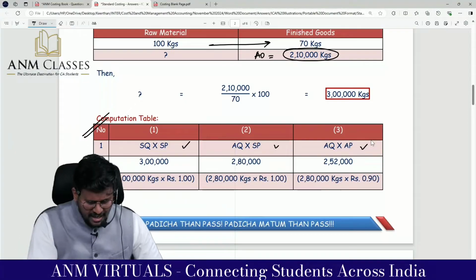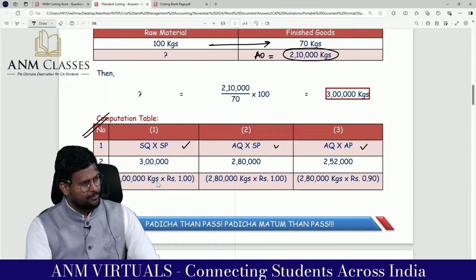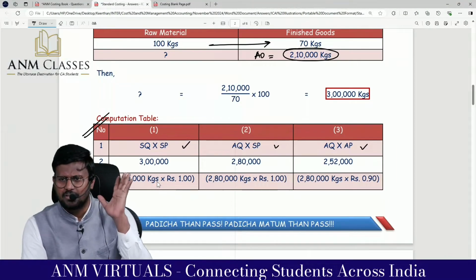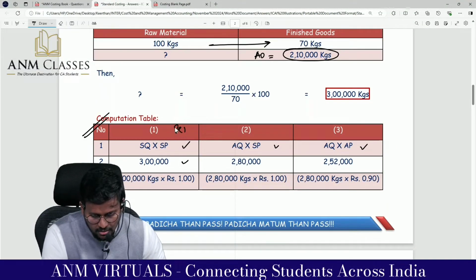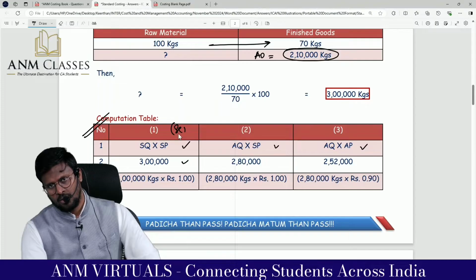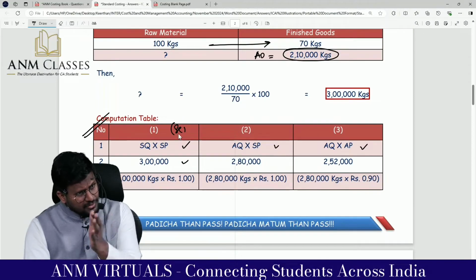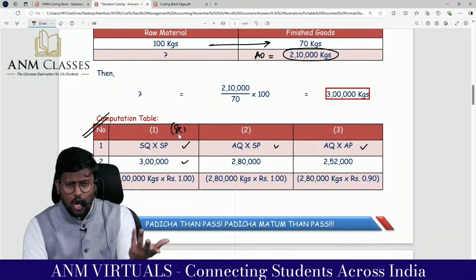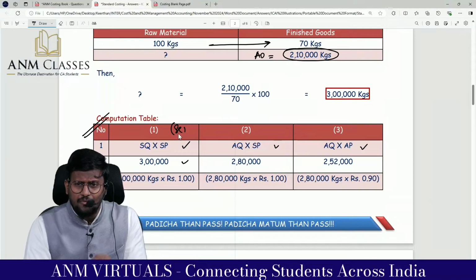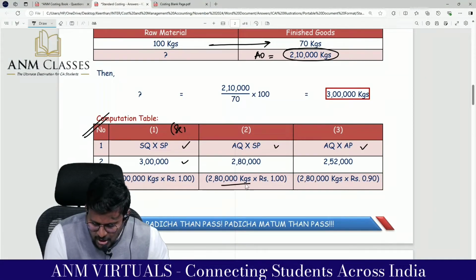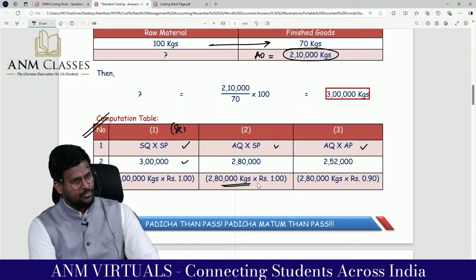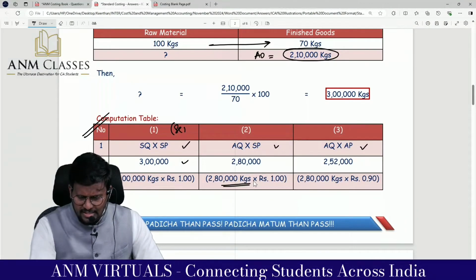I know the standard quantity as 3,00,000 kg into the standard price, that means 3,00,000 rupees is the standard cost. Instead of 3,00,000 kg, I have used only 2,80,000 kg, the actual quantity, into 1 as the standard price.